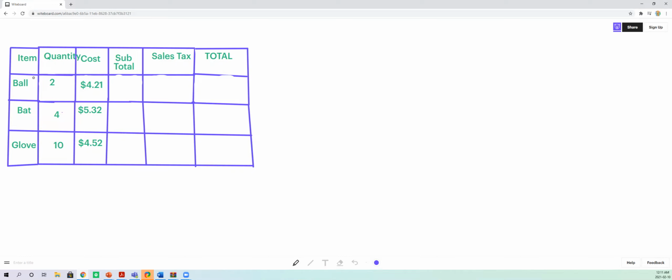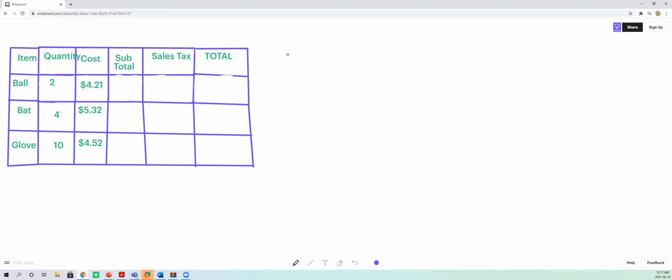So this is an important new step that we have because in our first problem, there was only one pair of shoes. Now we have multiples of each item. Multiples means more than one. And we need to figure out our subtotal each time prior to adding sales tax. So there's an additional step here to the math.